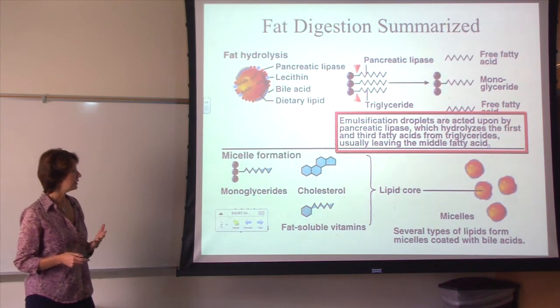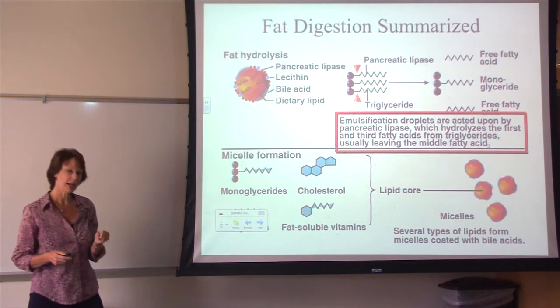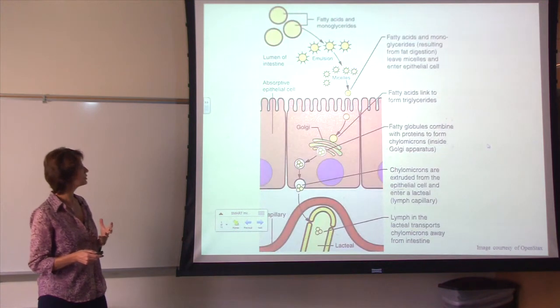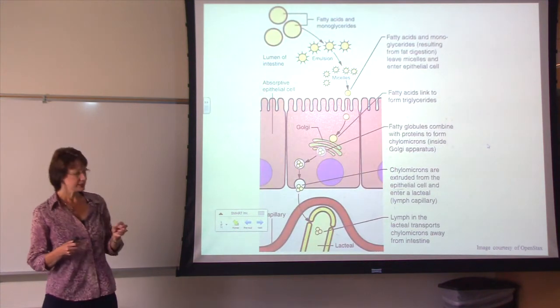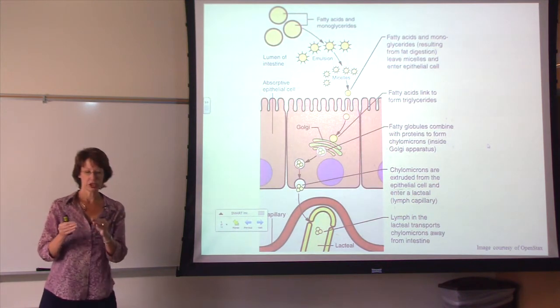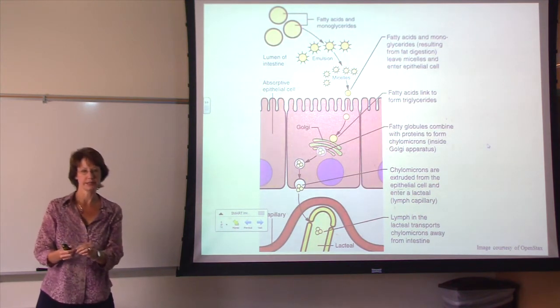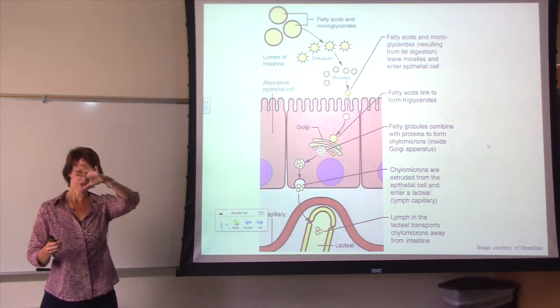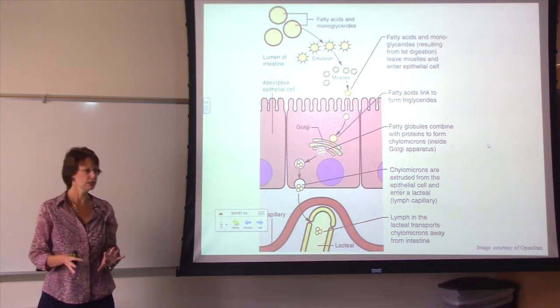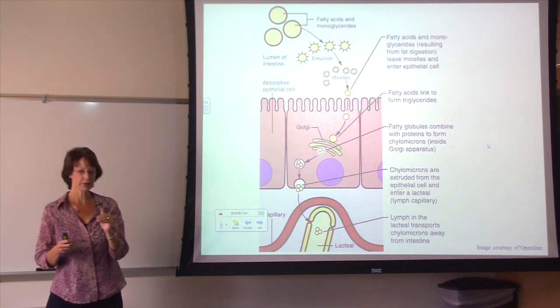These micelles are coated in bile acids still, so that they remain soluble. And the micelles, because they're smaller and pretty soluble, can actually cozy right up to the intestinal villi. They get through the liquidy, aqueous mucus coating on the duodenum and can get down in.